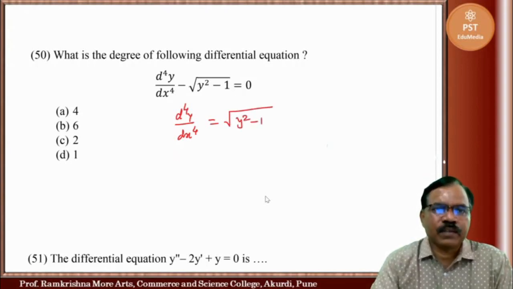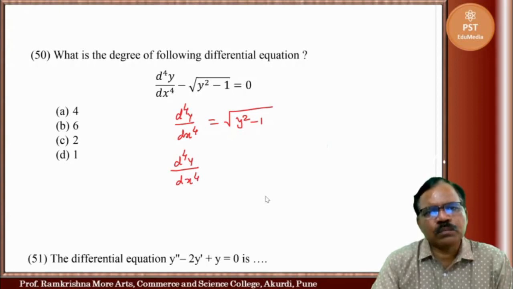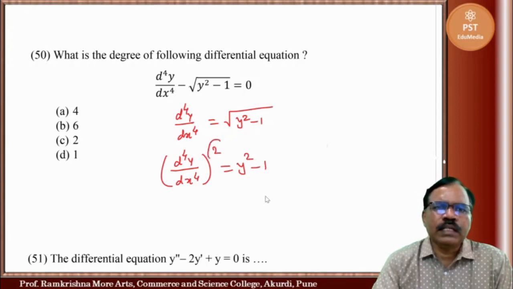Squaring, you will get d4y by dx4 whole square is equal to y square minus 1. So degree is 2, order is 4. So degree is 2.